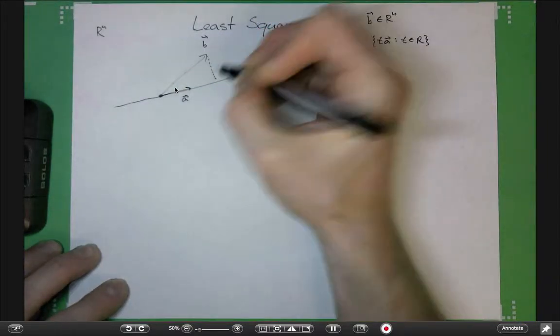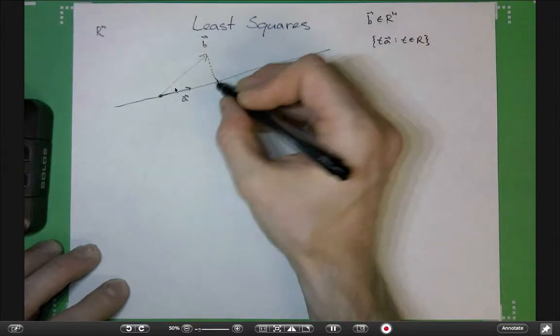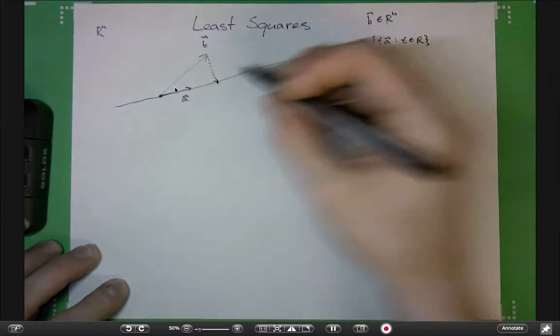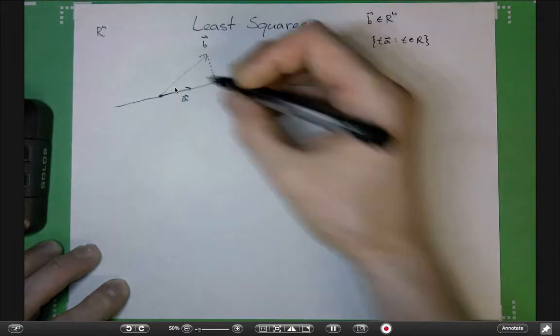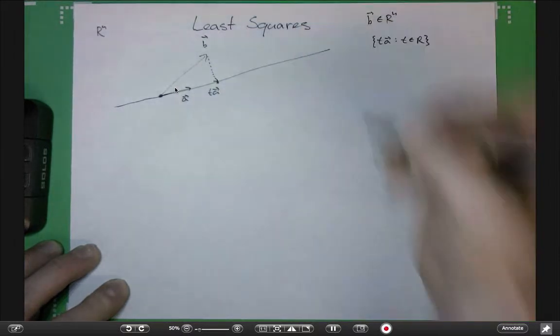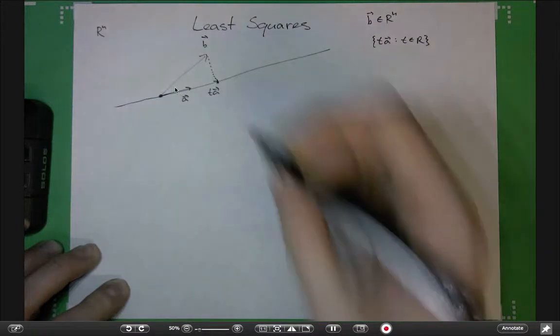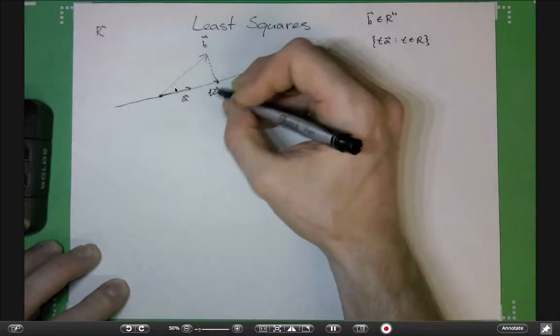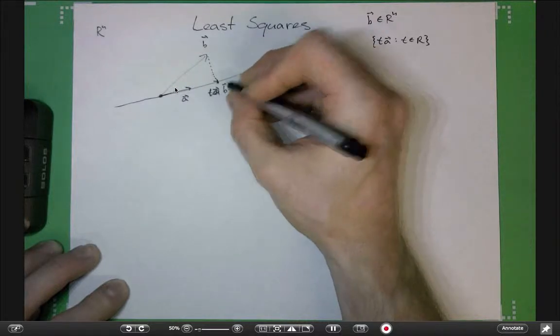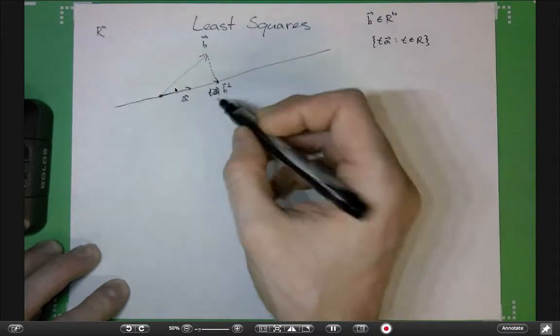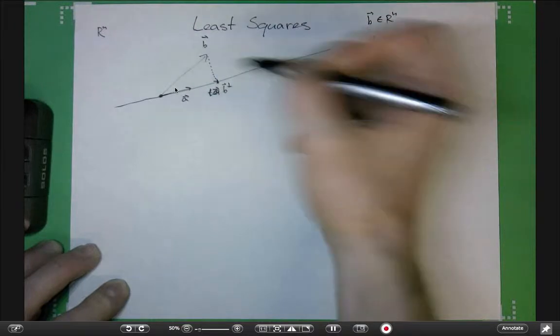I drop the b onto the subspace, and I get some other vector, which of course has to be in the subspace. So this is a vector of the form ta, right? Or maybe I could just call it b projection, with this symbol for orthogonal projection onto the subspace.